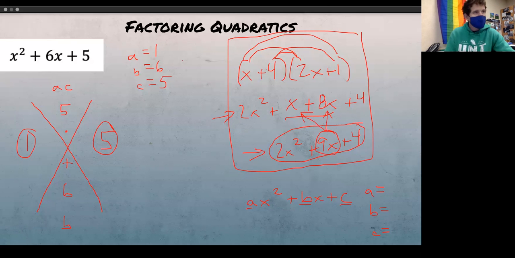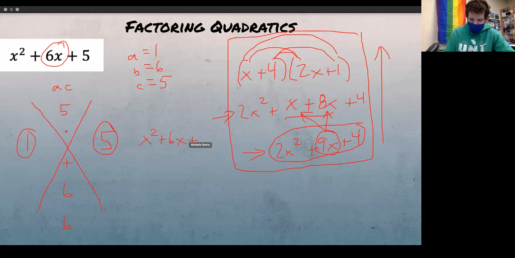We found the two numbers we need to use to split our b term into two different terms. So imagine in this case, I'm following the same quadratic, but I'm going in the opposite direction. So I'm going to try and squeeze my work in on this page. And I just want you to kind of see the parallels between the original work we did on Thursday and what we're doing today. So I've got x squared plus 6x plus 5.